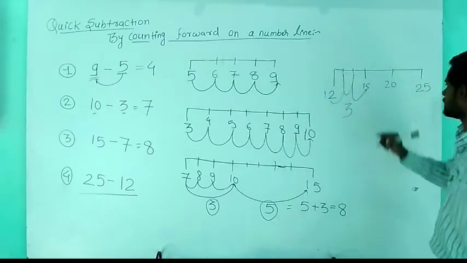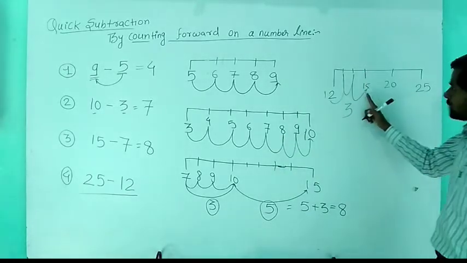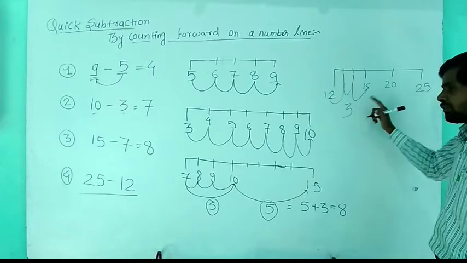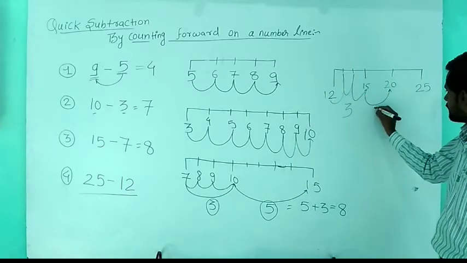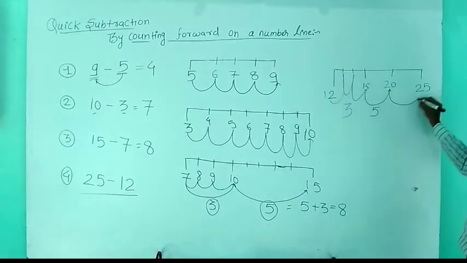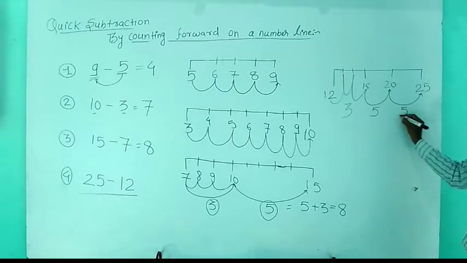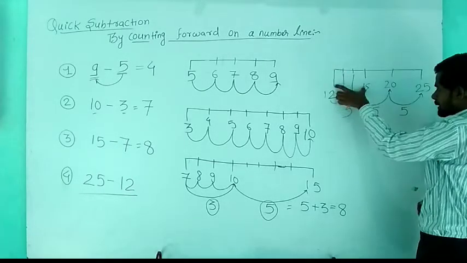Okay, 3 आ गया. Then after we will find the difference between the 15 and 20. हमको पता है कि 15 और 20 के बीच में 5 का difference है ना? So we will write 15 to 20, the difference is, that means the answer is 5 over here. And from 20 to 25 there is a 5 numbers. Okay, now we know that the difference between these two number is 3.